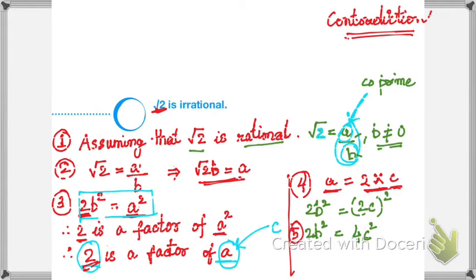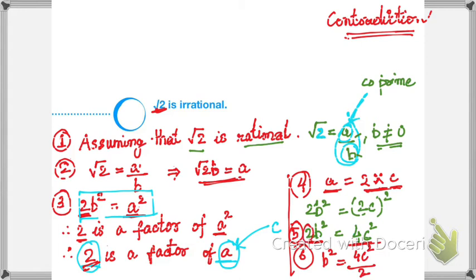Now coming to step number 6, you can write here, since 2b square is equals to 4c square, cancelling them out, b square will be equals to 4c square by 2.